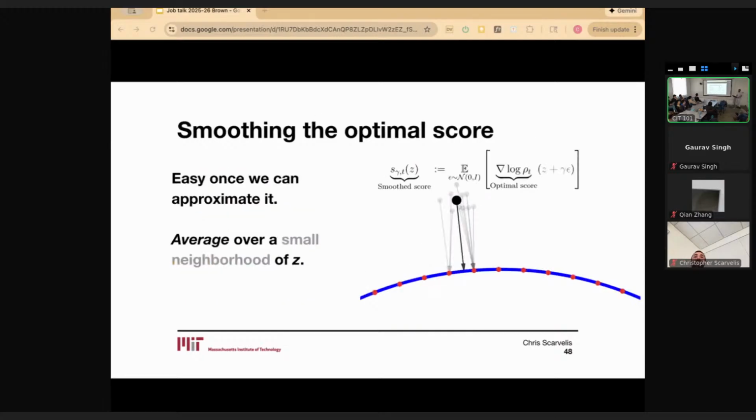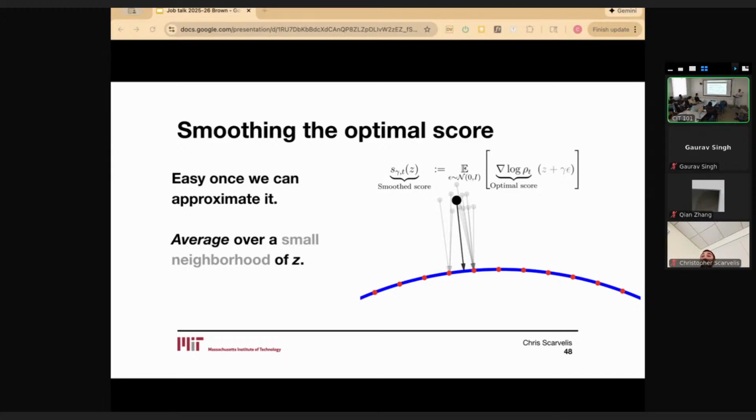Okay, now knowing how to approximate the optimal score doesn't get us all the way to a useful sampler just yet, because this will still output training data. We need to smooth it to generate new samples. Fortunately, though, this is the easy part. All we need to do now is average the optimal score over a small neighborhood of its input. And in practice, this just requires us to compute the optimal score a handful of times.